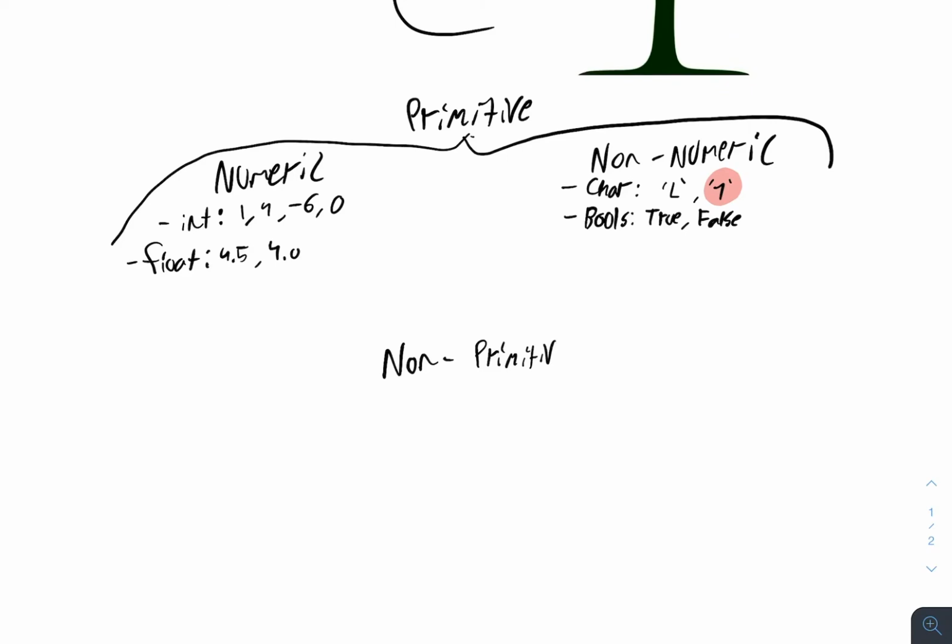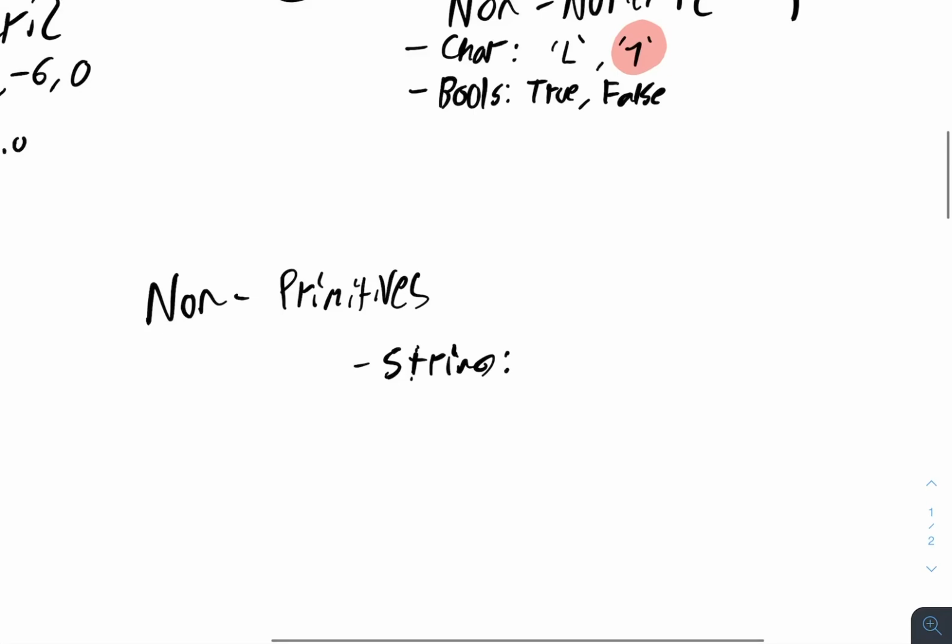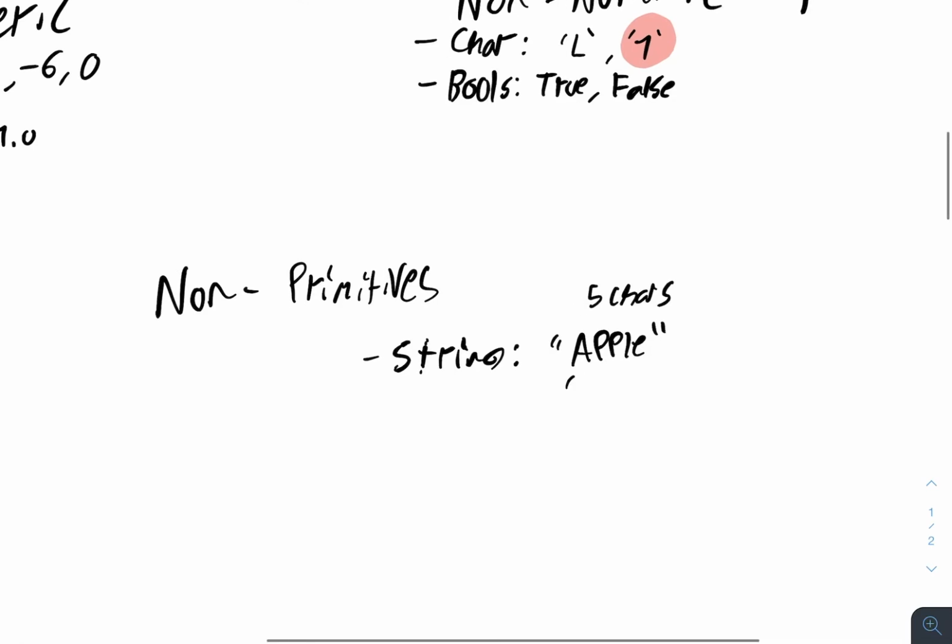Write that out. And a non-numeric non-primitive would be a string. And a string is literally a string of characters. So like a whole word, say apple. Apple is a string because it is composed of 1, 2, 3, 4, 5 chars. I can break apple up into its constituent pieces.